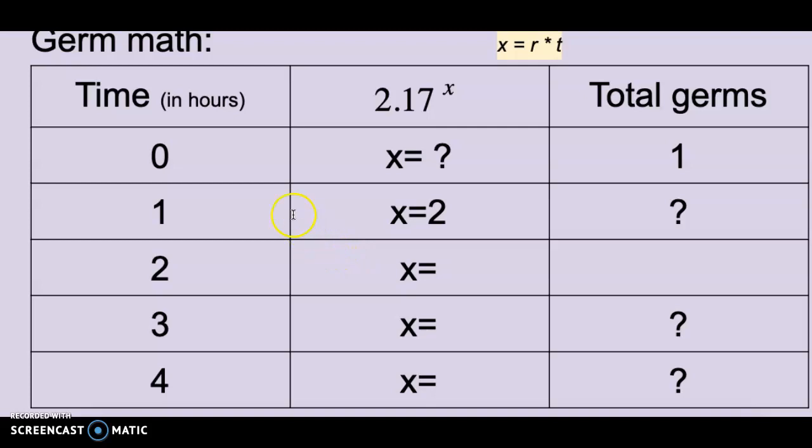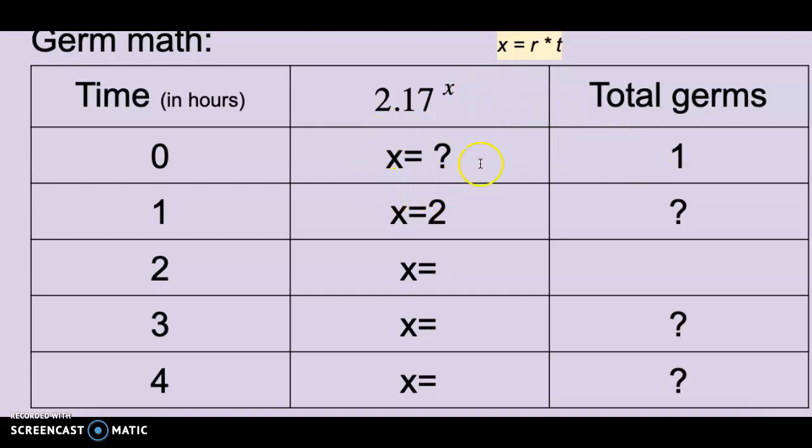So my first question is, if the time is 0, which means you put it in the exponent, times the rate. And the answer is 1. This proves that 2.17 to the power of blank would just give us 1 germ.